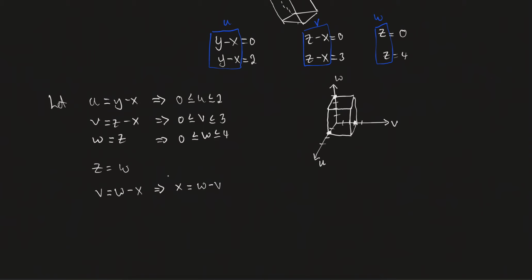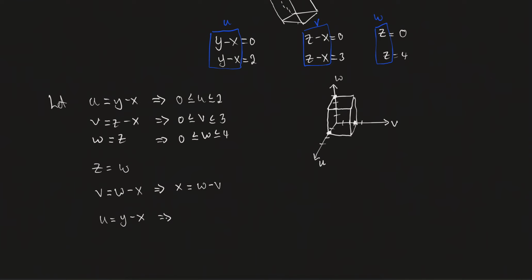And then lastly, I need to write y in terms of u, v, and w. So now that I know x, I'm going to go to the top equation, the first equation, and solve for y. So let's write it down. u equals y minus x.